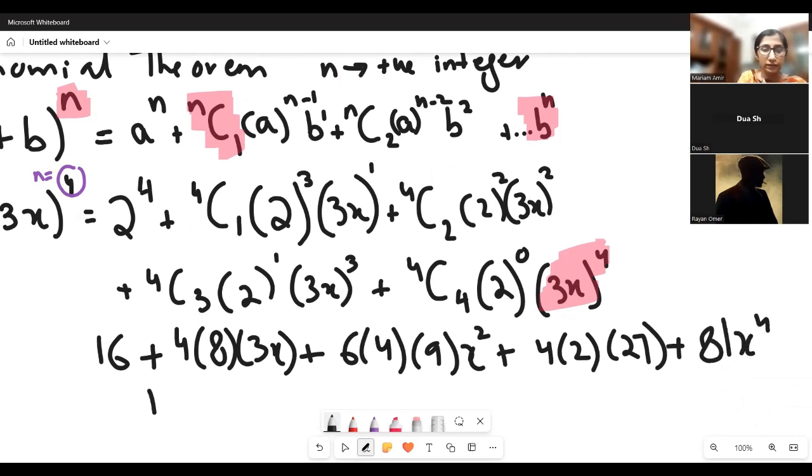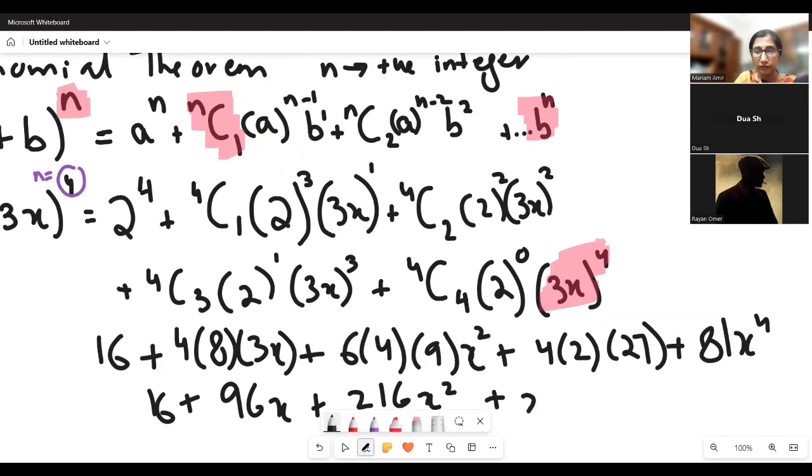So in the end, I'm getting 16 plus 4 times 8 times 3 is 96x, plus 6 times 4 times 9 is 216x squared, plus 4 times 2 times 27 is 216.